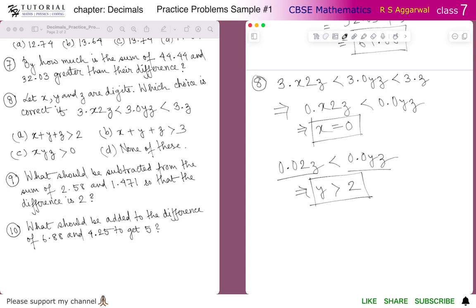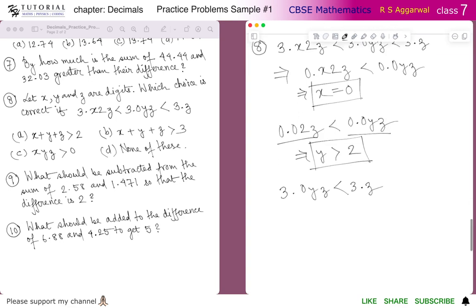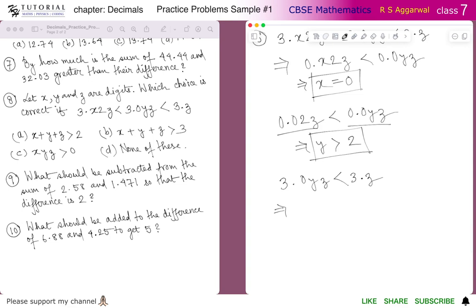Okay, so we have 3.0yz given as less than 3.z. Since the whole parts, 3, are the same, the decimal part, that is 0.0yz, has to be less than 0.z. If this is true, then what can we say about z?